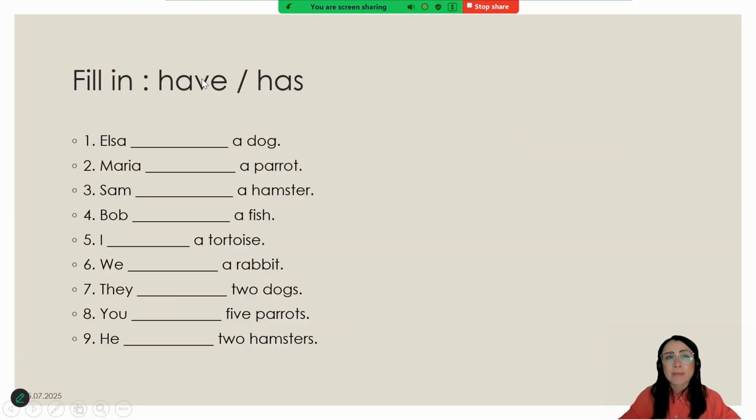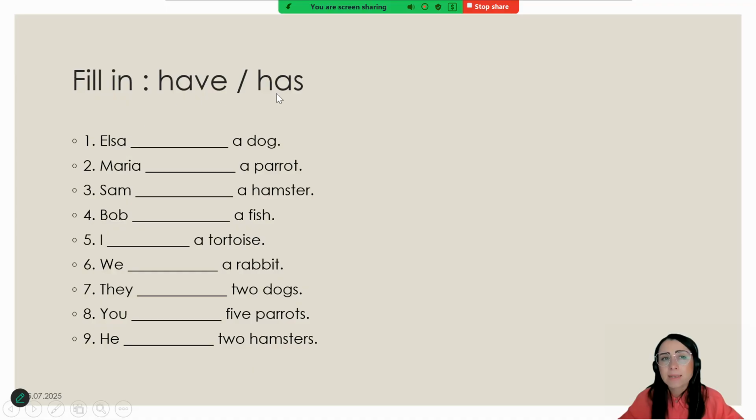Good job. Now let's practice using have or has to make different sentences. You know that have we use for I, you, they, and has for he, she, it. So what shall we put here? Elsa, a dog.